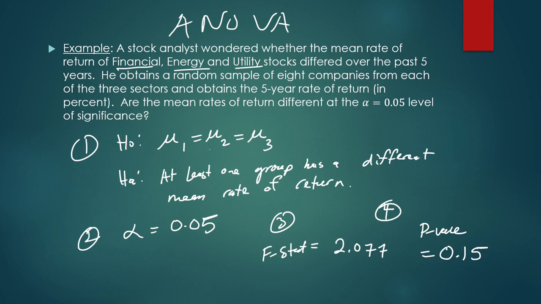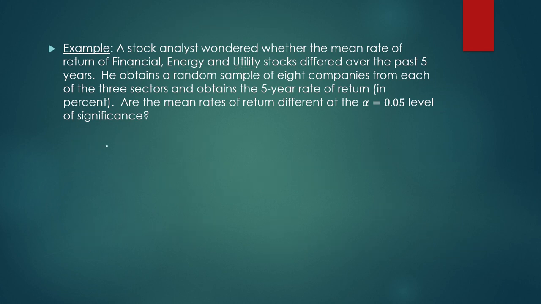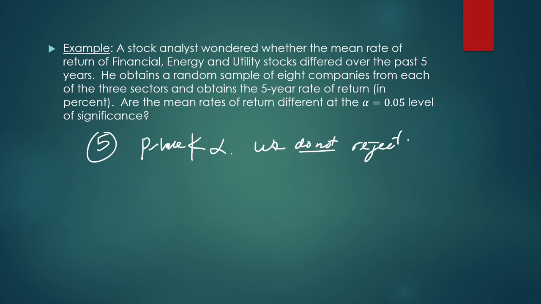Now in step 5, we're going to ask the same question like always. Is the p-value less than alpha? Is 0.15 less than 0.05? The p-value is not less than alpha, so we do not reject the null hypothesis.